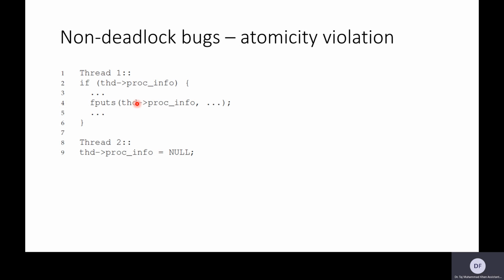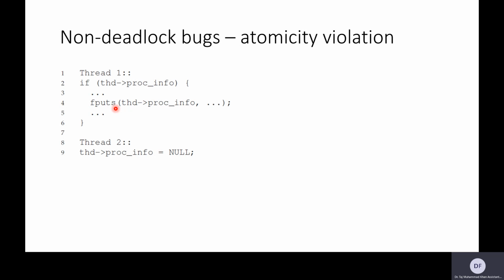Okay, so all this just because of our assumption that if we are inside the body of the if, then thread->proc_info must not be null, which is true in a single thread program, because we have made sure before going into the if body that it is really not null before we use it.